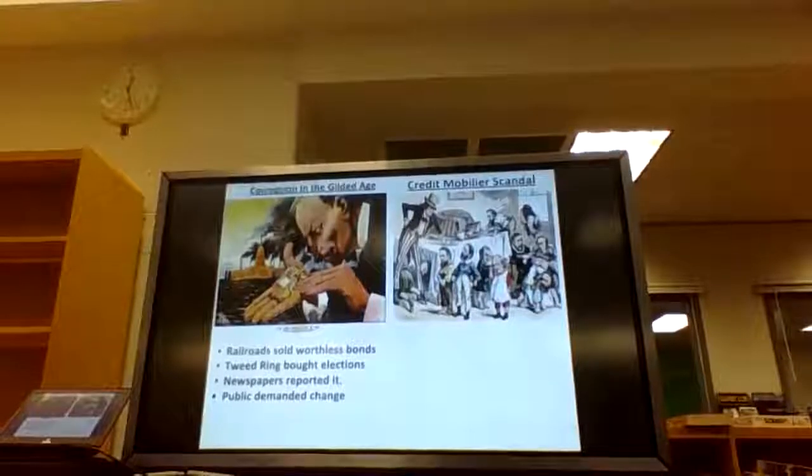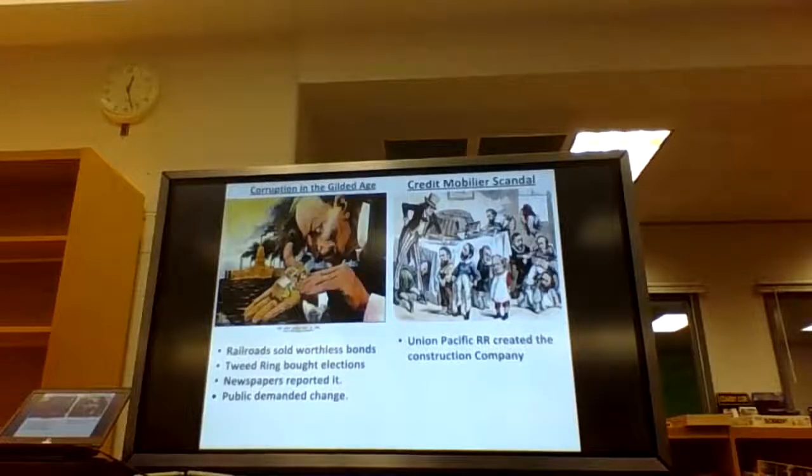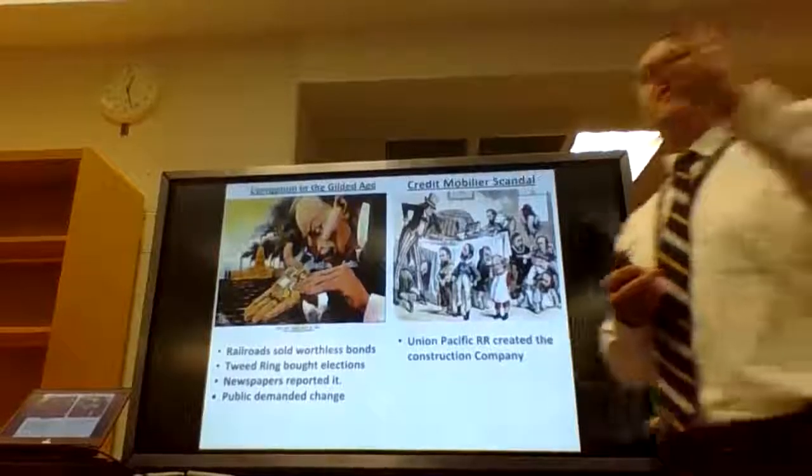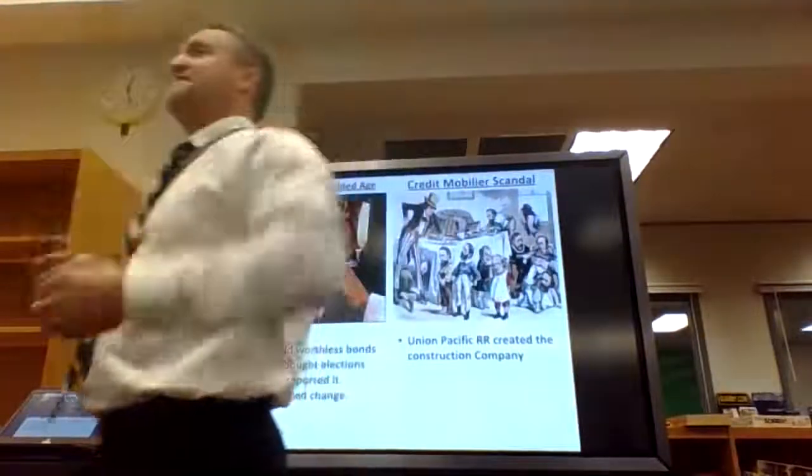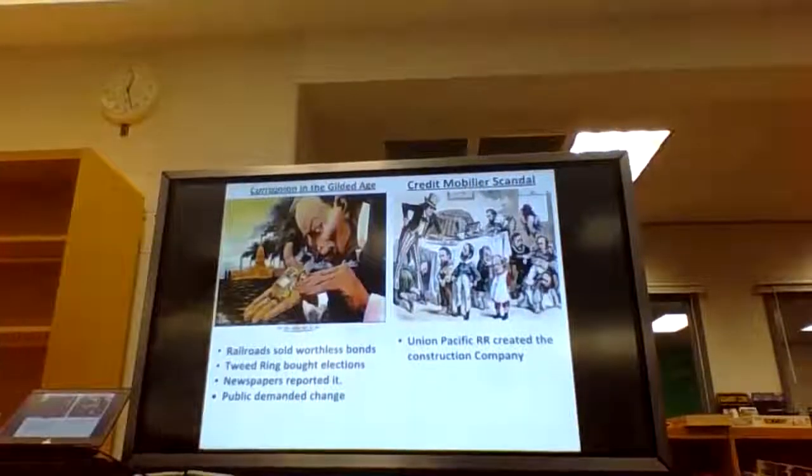Now follow this one. It's kind of brilliant and sad. So what happened was there's a railroad, the Union Pacific Railroad, and they're given a contract to build the Transcontinental Railroad. The U.S. government has hired the Union Pacific Railroad to build a railroad across America. And they accept it. Now, when you're building a railroad, is all you're building a railroad?